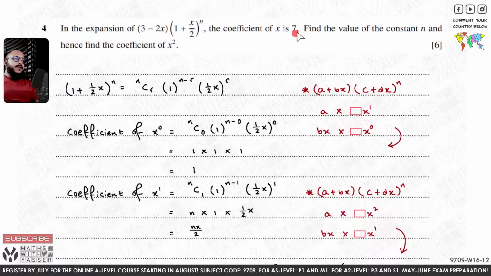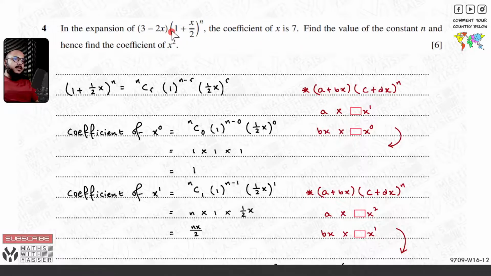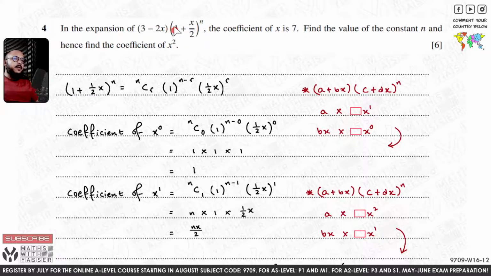It's given that the coefficient of x is 7 for this whole expansion. And how will we be getting the coefficient of x from this expansion? That means if we have something like a plus bx times c plus dx to the power n, the constant a must be getting multiplied with something that has a coefficient of x.